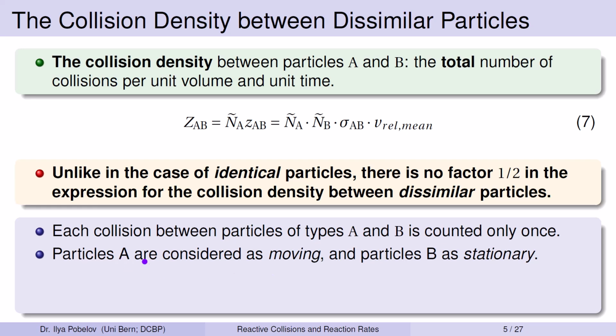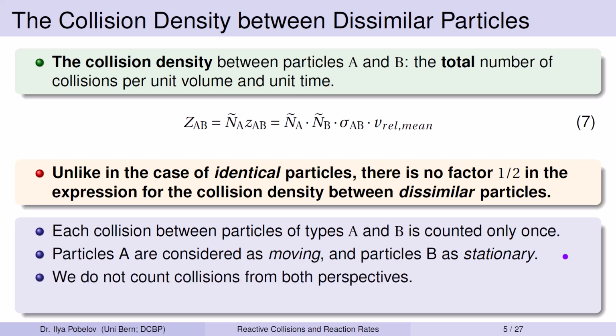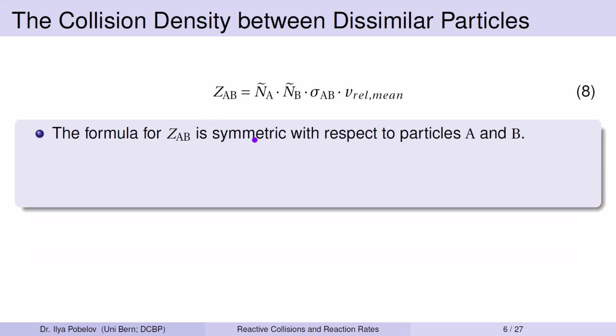Particles A are considered as moving and particles B as stationary. Unlike in the case of identical particles, we do not count collisions from both perspectives, so there is no double counting.